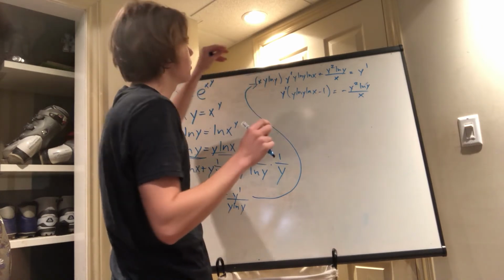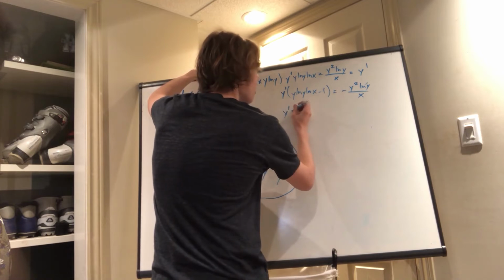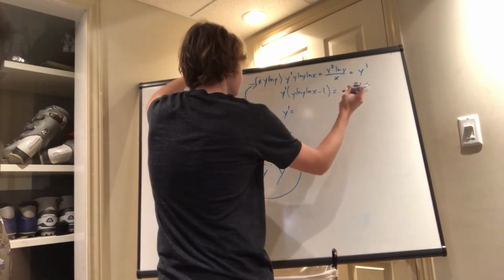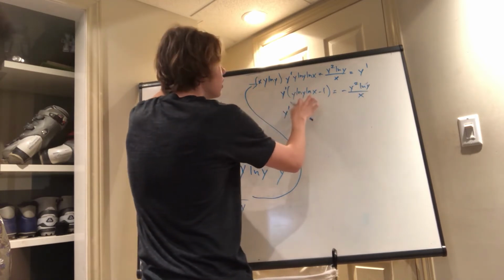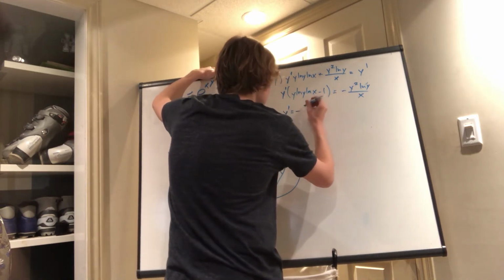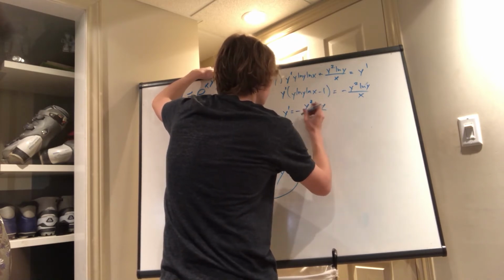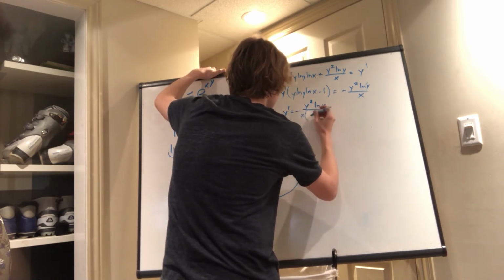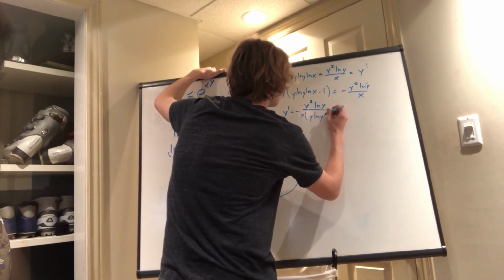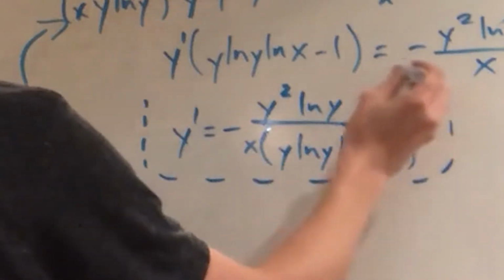Then all we simply must do is divide both sides by y ln x minus 1. Then we get negative y squared ln y over x times y ln x minus 1, and that should be the answer.